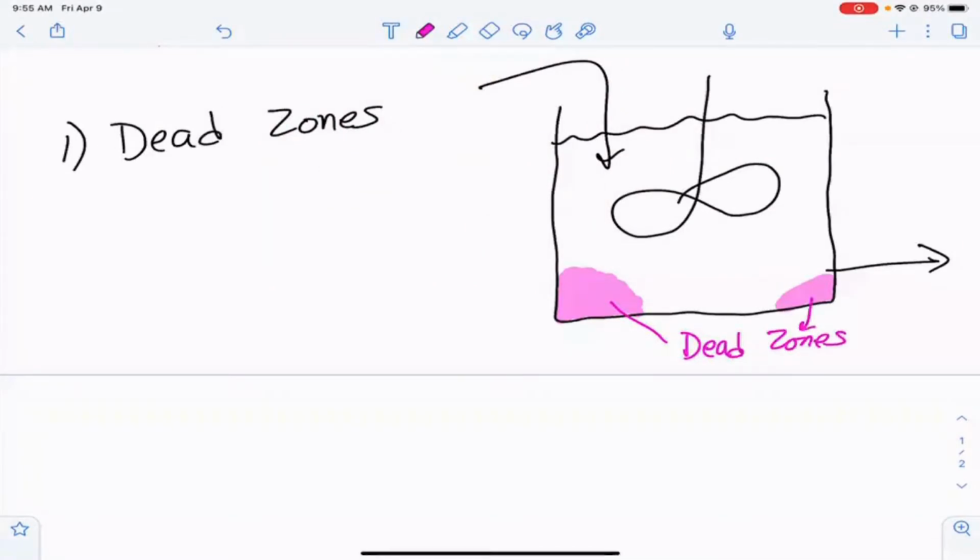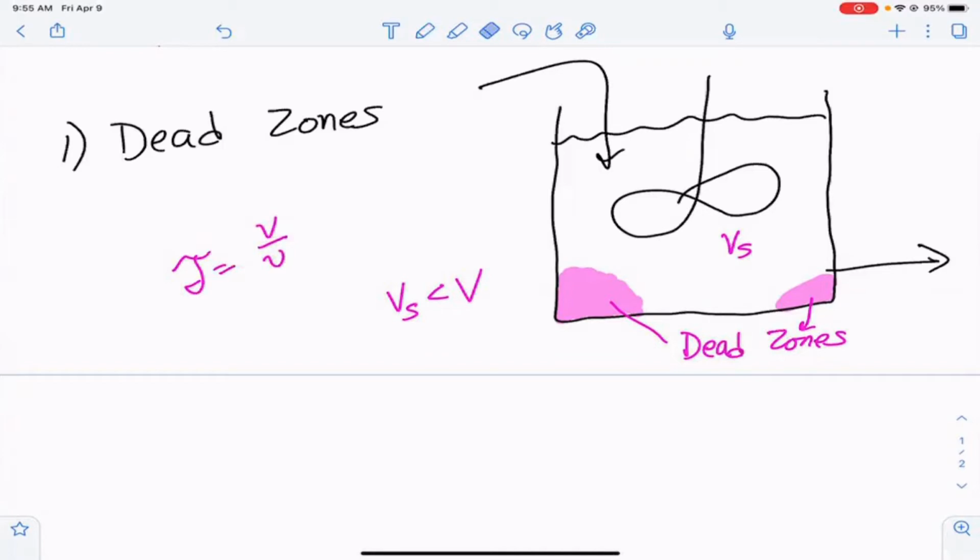What they do is they effectively reduce the volume. This thing like VS, that we're going to end up using, is less than the reactor volume. And that's not good. If you think about this in a CSTR, if you made the effective volume lower, you would make the residence time lower, because remember, we wrote above that tau is equal to V over the volumetric flow rate.